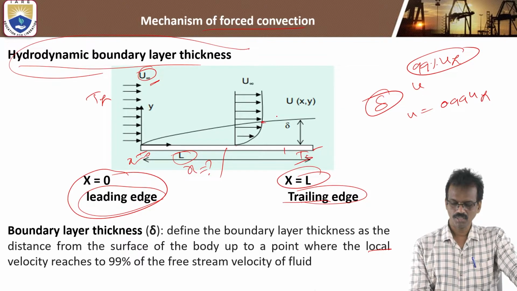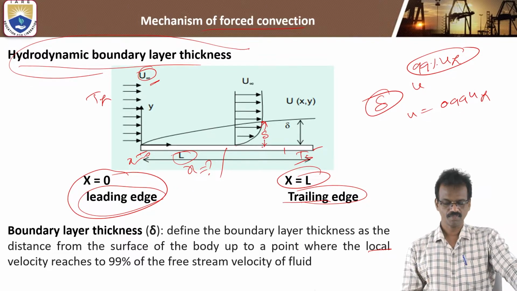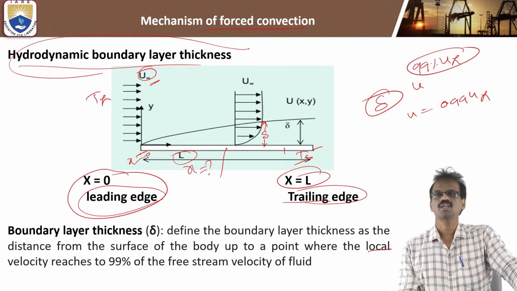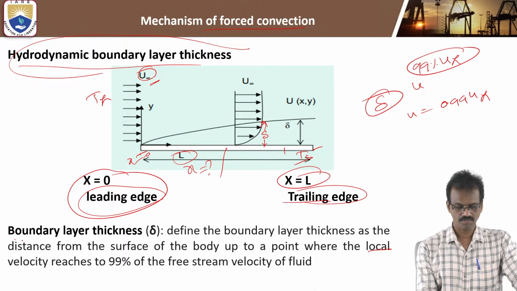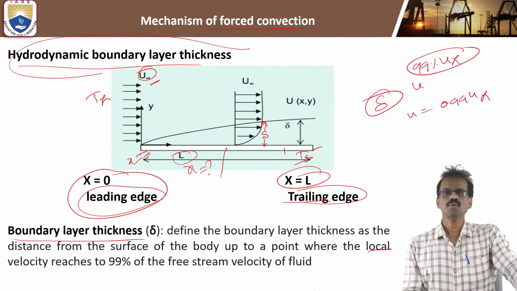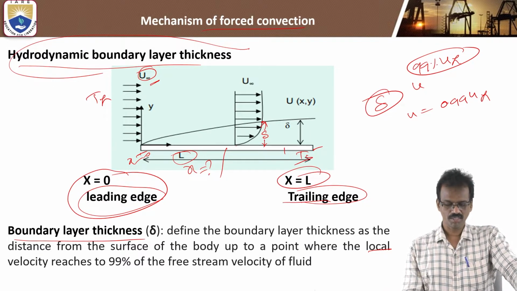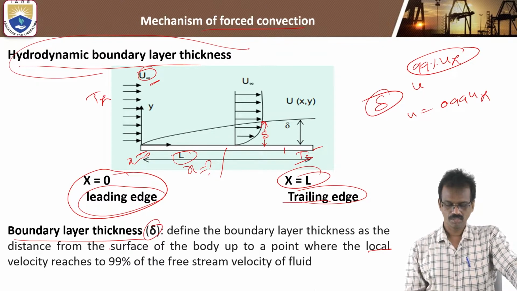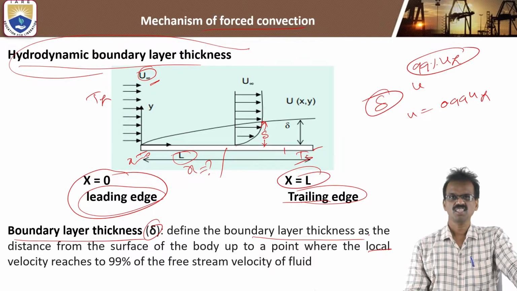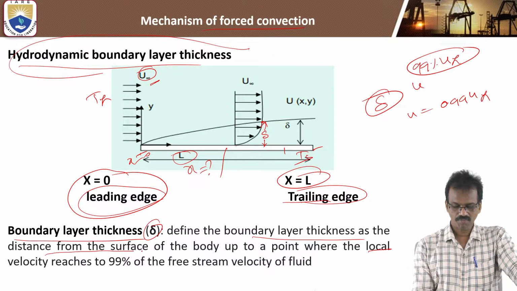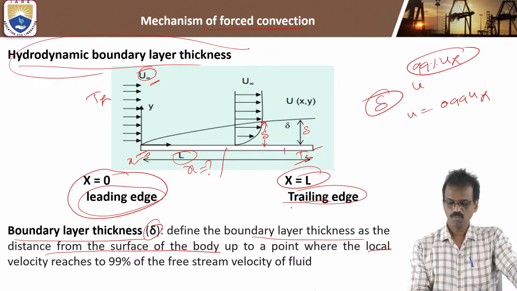At that point, the distance from the solid surface to that point is called the velocity boundary layer thickness. Here a definition has been given: boundary layer thickness, or velocity boundary layer thickness. Delta is defined as the boundary layer thickness, which is defined as the distance from the surface of the body to this point.